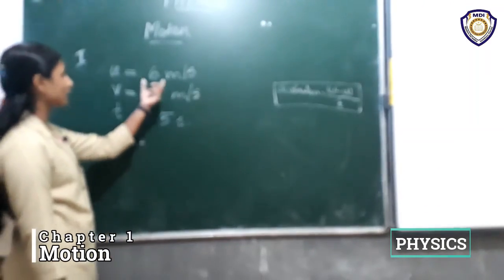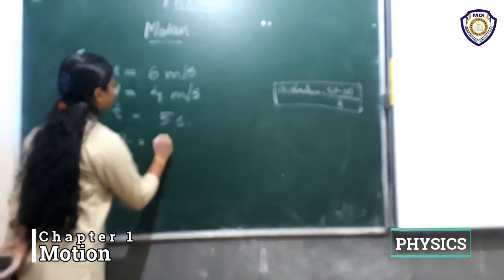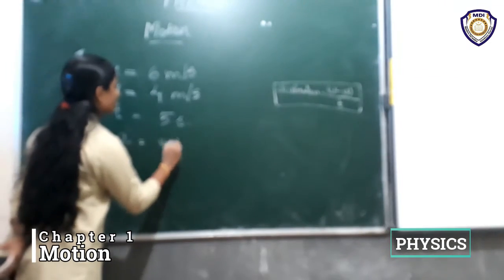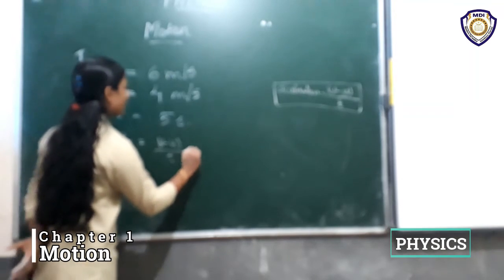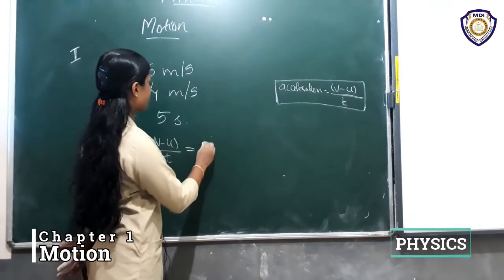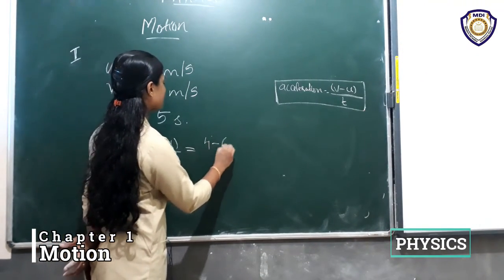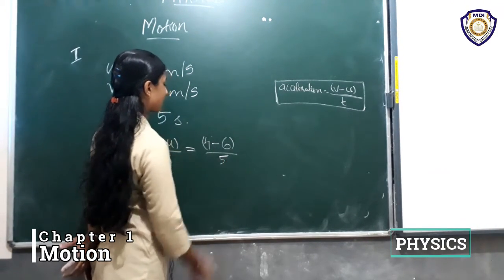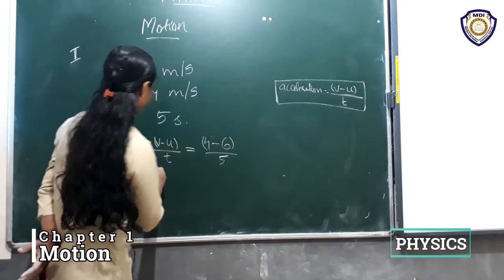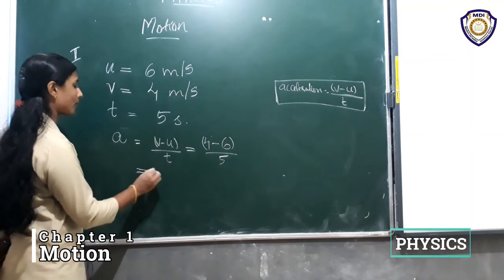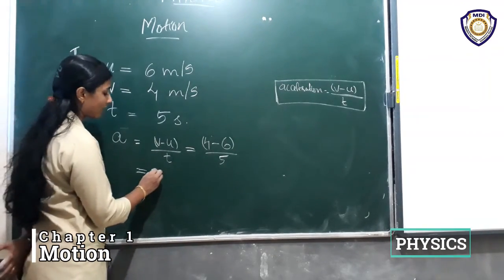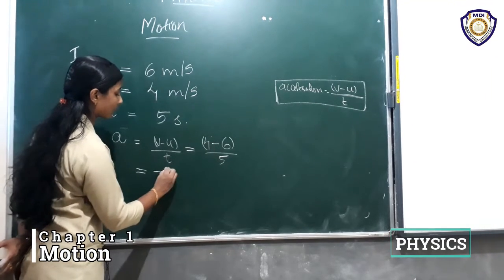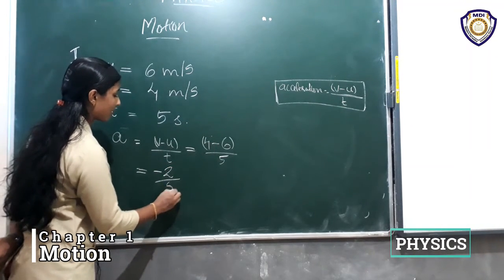The acceleration here is v minus u by t. It's equal to 4 minus 6 by 5 seconds. So what will be the answer? 4 minus 6 gives minus 2, divided by 5.